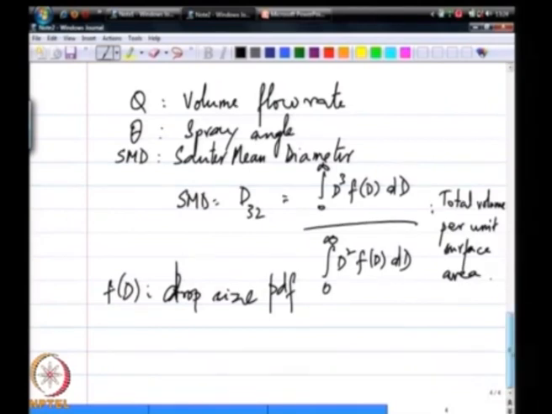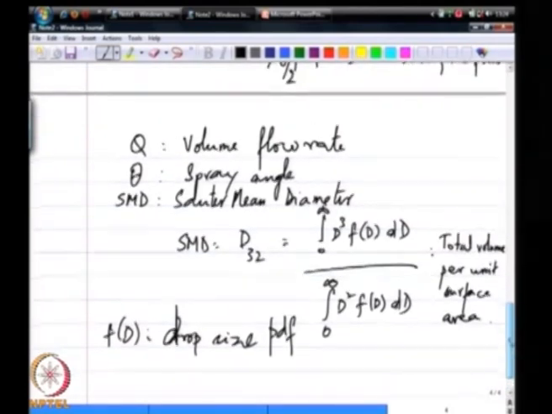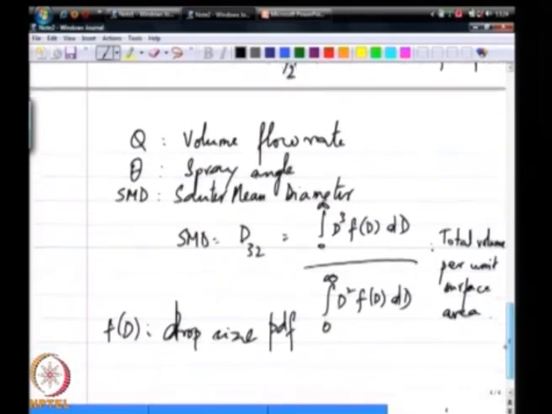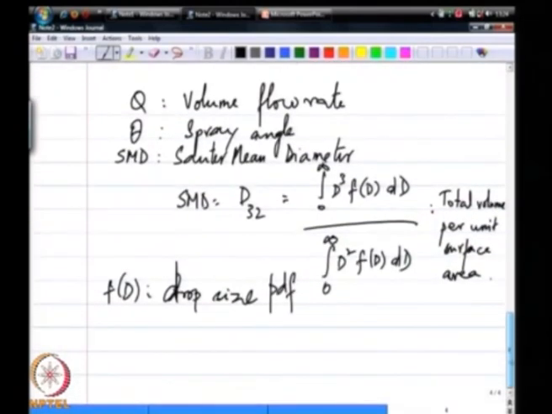So, let us say we have looked at Q, the volume flow rate, in terms of the pressure, and Q is not directly related to the pressure, but the way we found Jones correlation, for example, gives us a way to relate CD, the discharge coefficient, to everything else that is related to the spray geometry. Okay. So, I can similarly find a correlation for the spray angle in relation to the other geometry features.